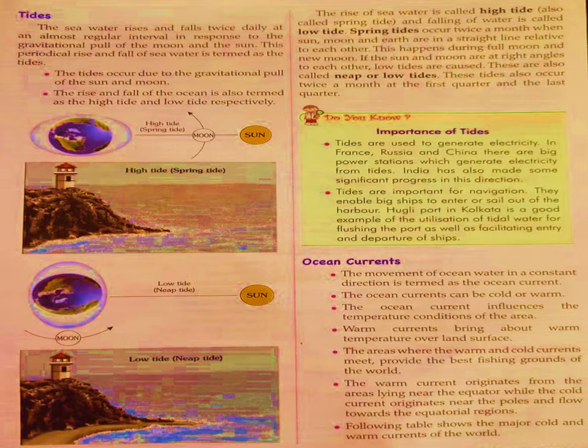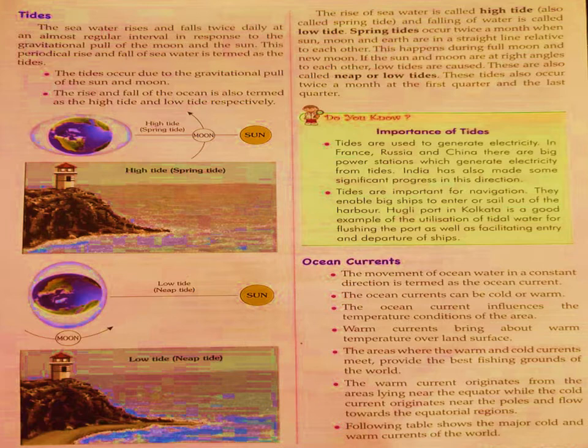Now we already discussed that the rise of the sea water is called high tide, also known as spring tide, and the falling is called low tide or neap tide. This spring tide occurs twice a month, when sun, moon and earth are in a straight line.